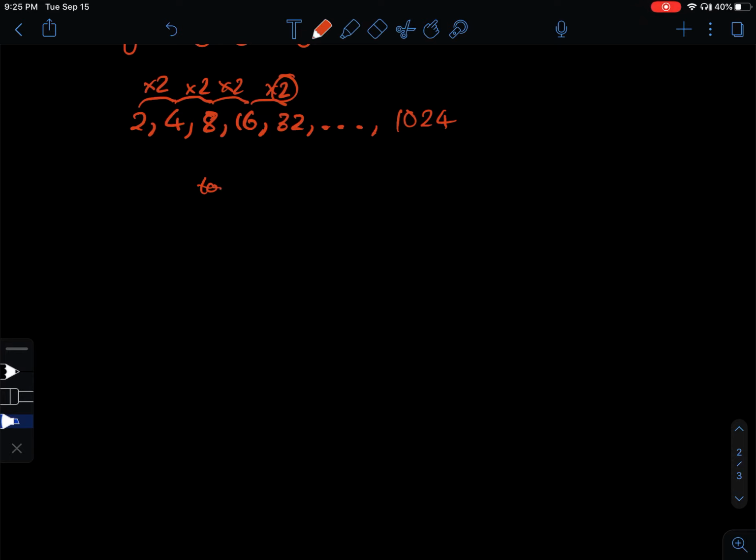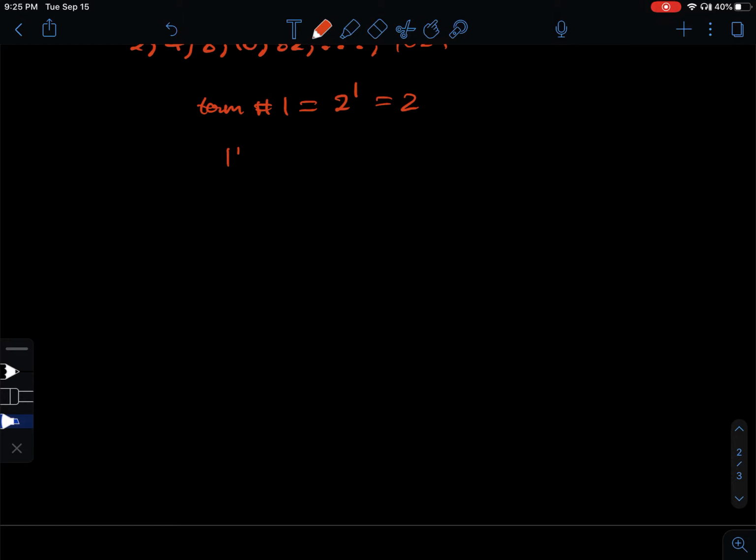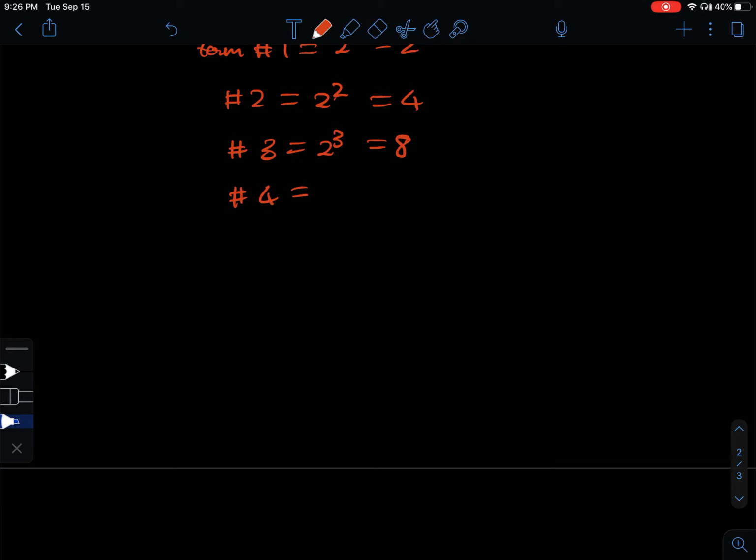I'm going to write term number 1 is 2 to the power 1, which is just 2. And term number 2 is 2 to the power 2, 2 squared, which is 4. Term number 3 is 2 to the power 3, which is 8. Term number 4 is 2 to the power 4, which is 16.